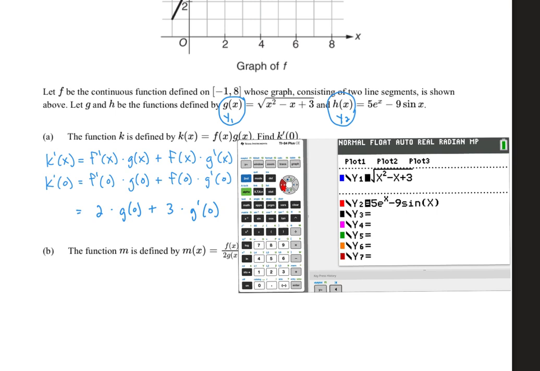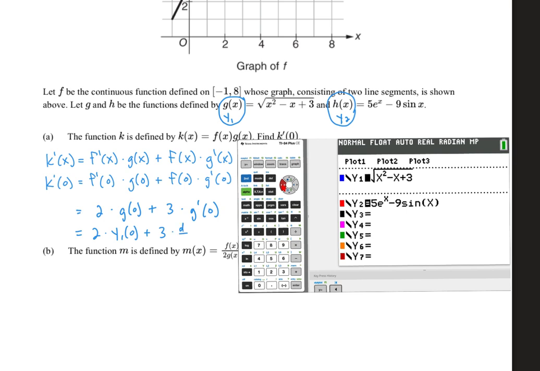Okay, so now think about it here. We want g of 0 and g prime of 0. And so to get g of 0, we're going to times this by y1 of 0. This will be for the calculator. Okay, and then when we find g prime of 0, we're going to do math 8.